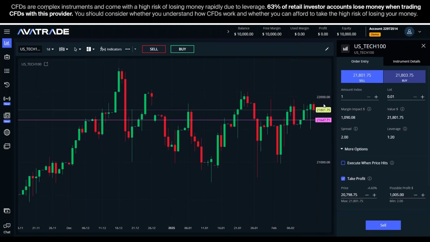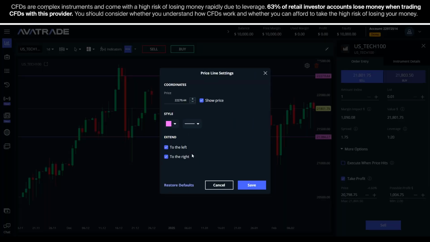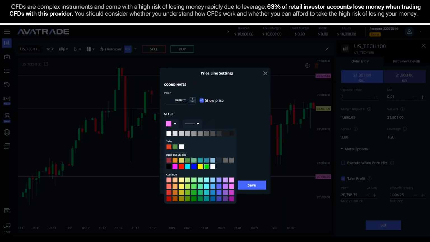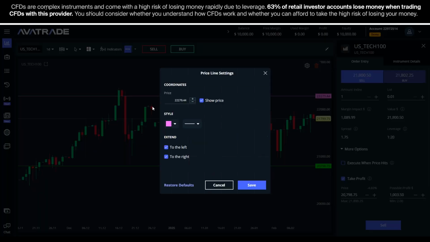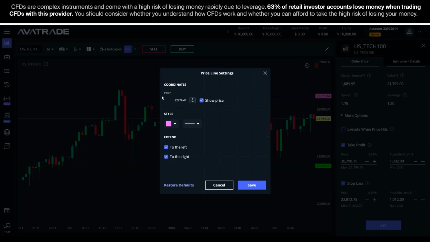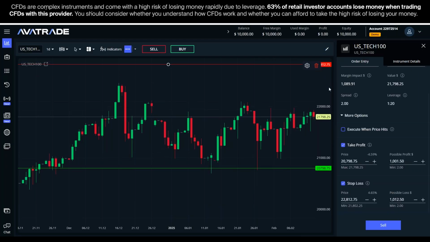I'd rather have this placed on the chart. Since we are with a sell, our take profit needs to be down. Let's make it green, and here let's make it red.